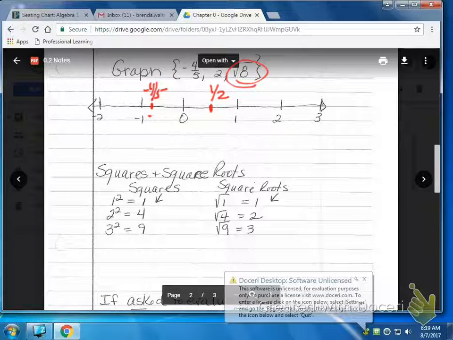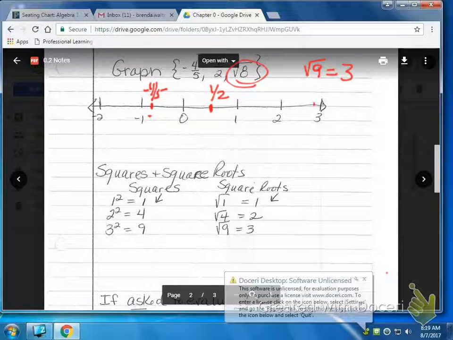Okay, now here's one that might be a little different for some of you. Radical 8. Is 8 a perfect square? No. What's the closest perfect square that it could get to? 9. So what is the square root of 9, Rebecca? 3. So what do you think about square root of 8? Isn't it going to be smaller than 3? I don't know exactly where it goes because I'm not going to use a calculator on this.